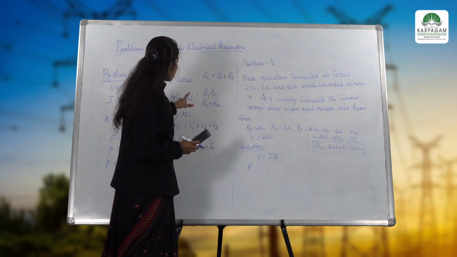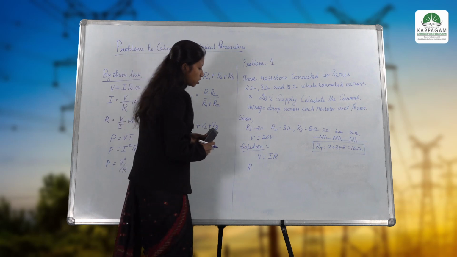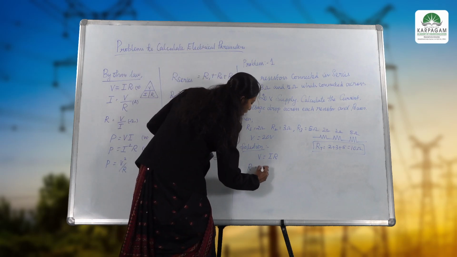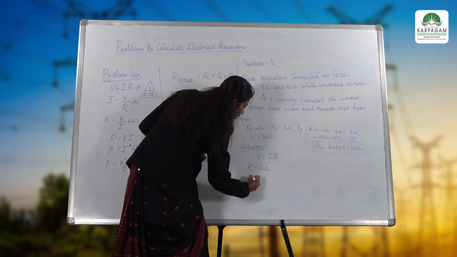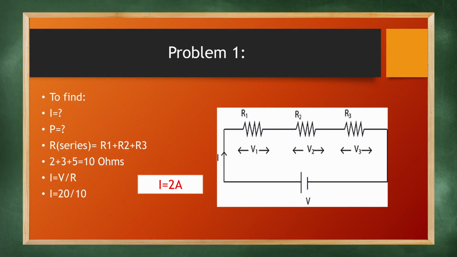This is given from the series resistance formula. So my R is 10 ohms and my voltage is 20 volts. So the current can be easily calculated as I is equal to V divided by R, which is 20 by 10. So my current will be equal to 2 amps. So finally I have calculated the value of current.